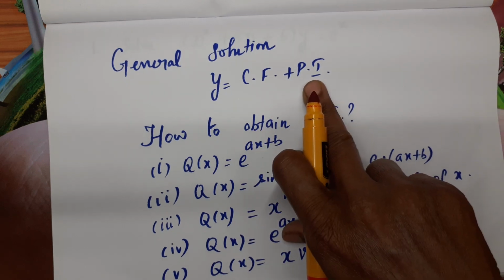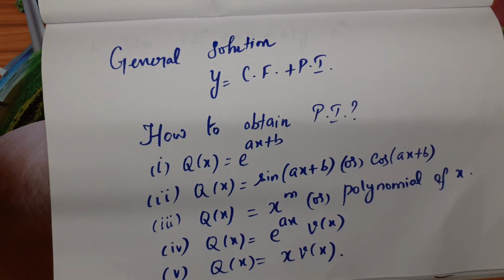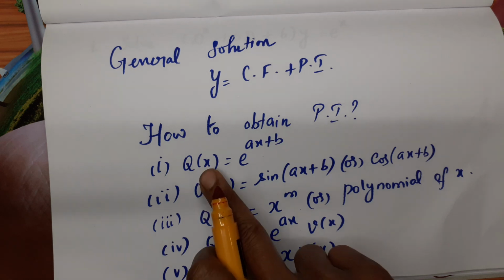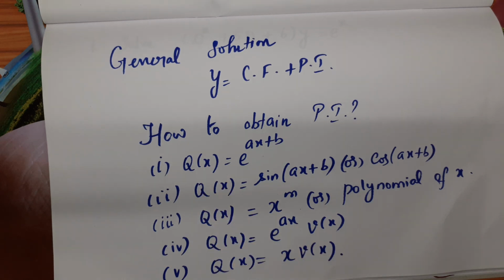For finding the particular integral we have totally 5 cases, depending upon the right side function q of x. The first one is q of x equal to e^(ax+b). The second one is q of x equal to sin(ax+b) or cos(ax+b).